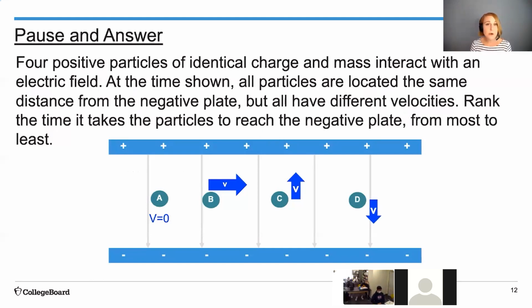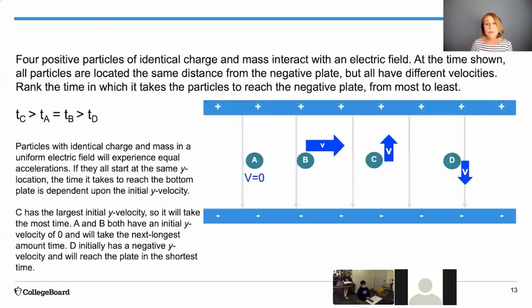In this particular case, all of these particles have the same charge and they have the same mass and they're all located in the same electric field, which means that all of them experience the same acceleration in the same direction. So the time that it takes for them to reach, talking about an acceleration in the y direction, I'm really interested in what the initial velocity in the y direction is to help me determine time.